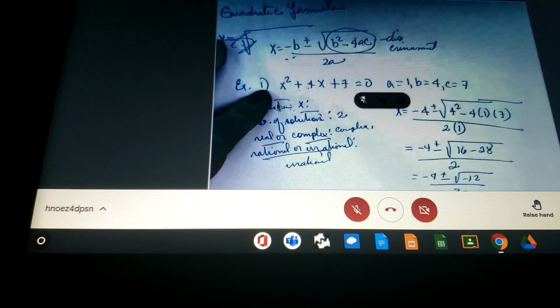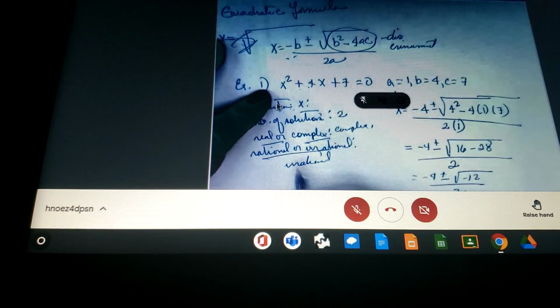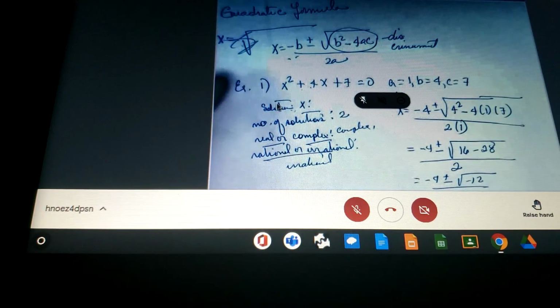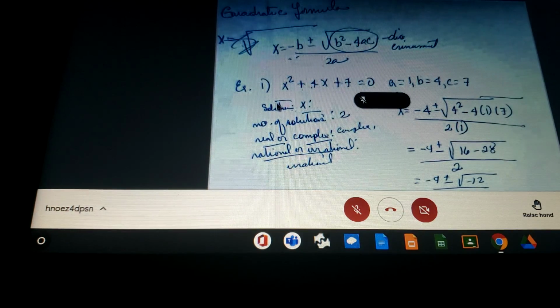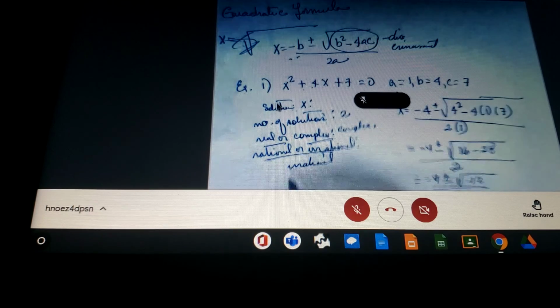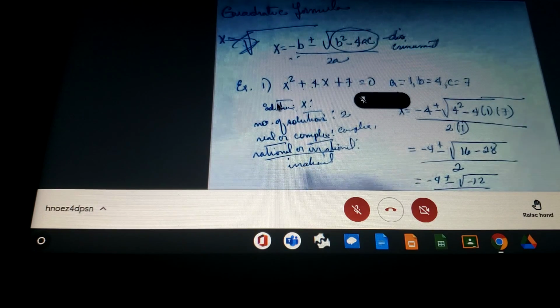It should be a perfect square. So that's the answer. Okay? Irrational.